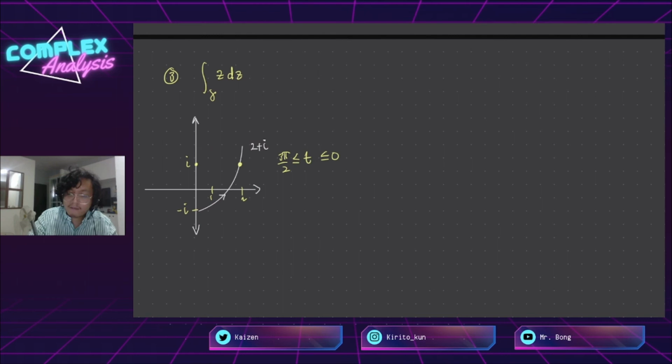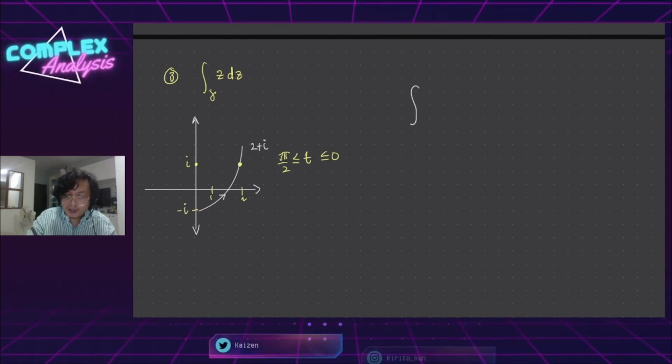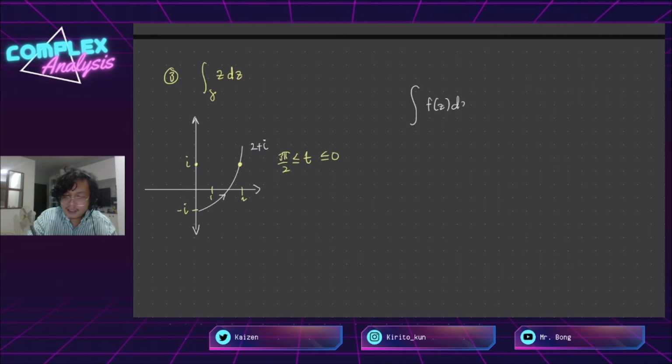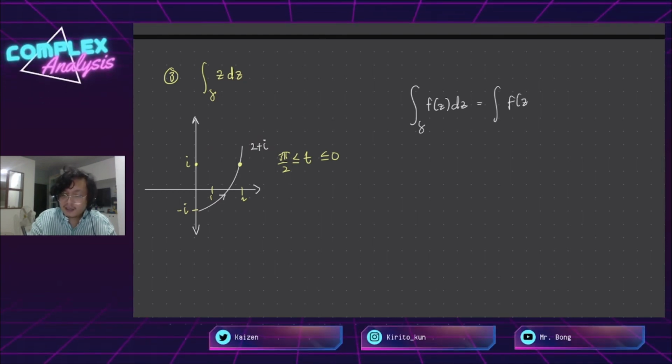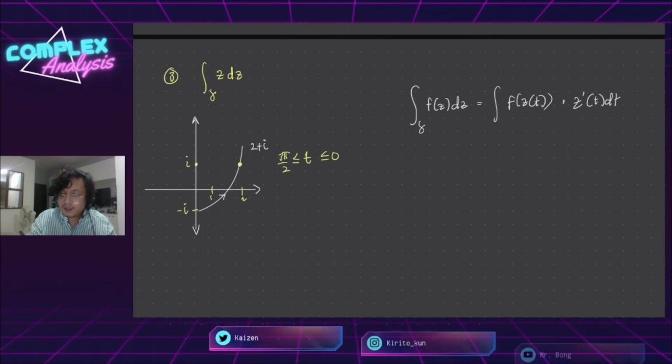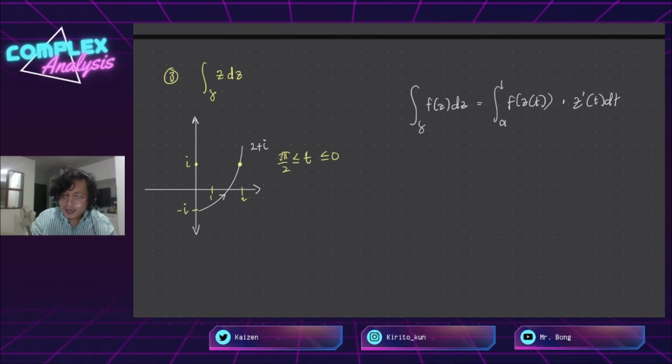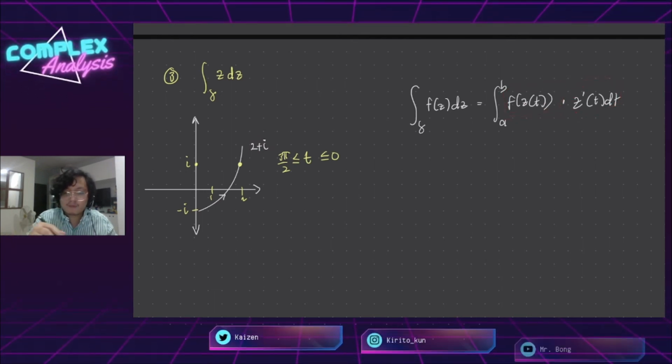So we have the integral of f of z dz under the curve gamma is equal to the integral of f of z of t times z prime of t dt over the interval a to b. So first, let's solve this expression, and next we will solve the z prime of t.